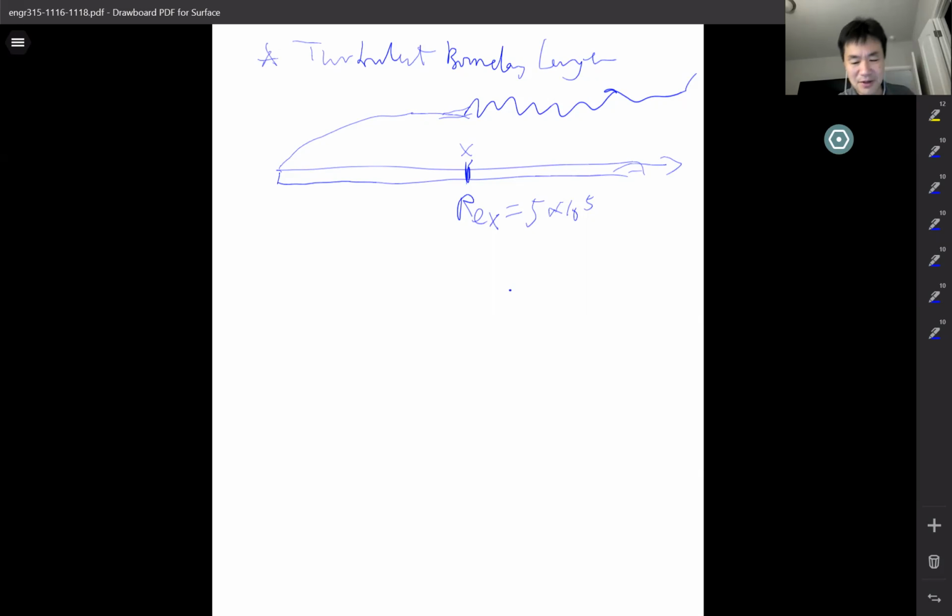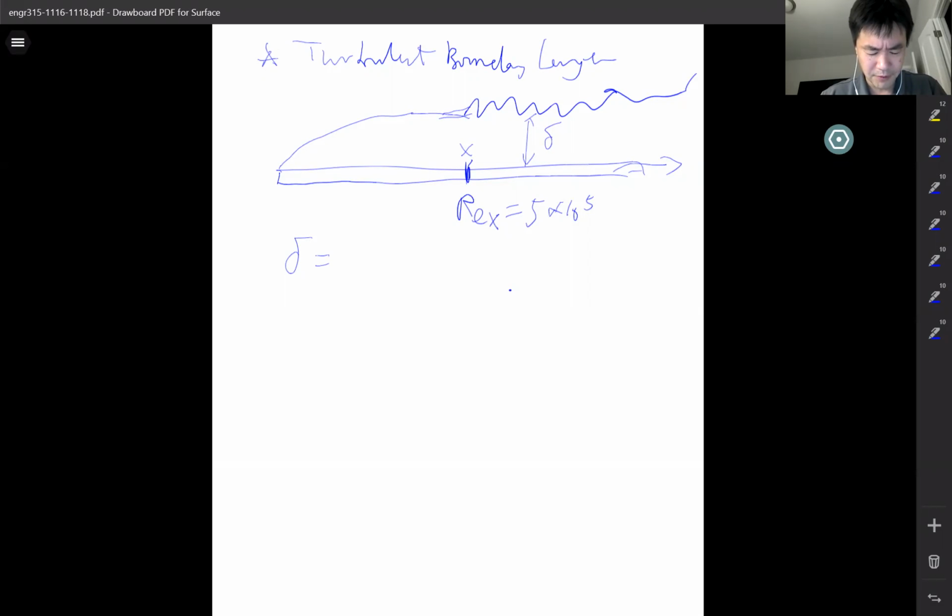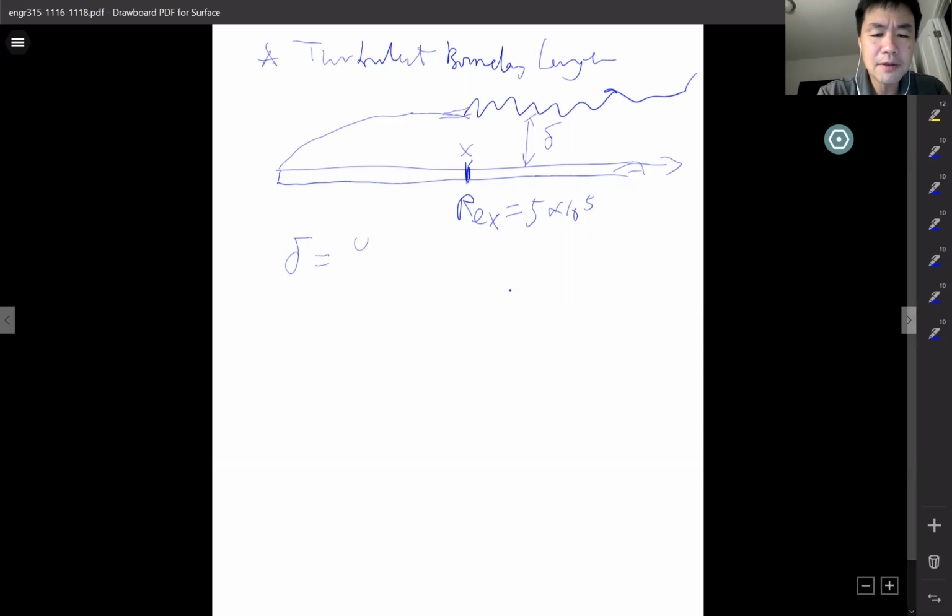Similar to the laminar boundary layer, we have several equations. First of all is the boundary layer thickness. You can use this equation if the Reynolds number is greater than 5 by 10 to the 5: delta equals 0.16x divided by Reynolds number x to the 1/7.